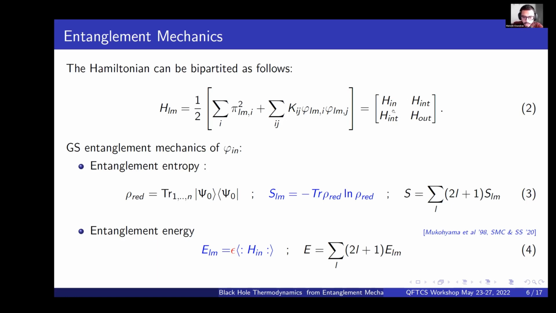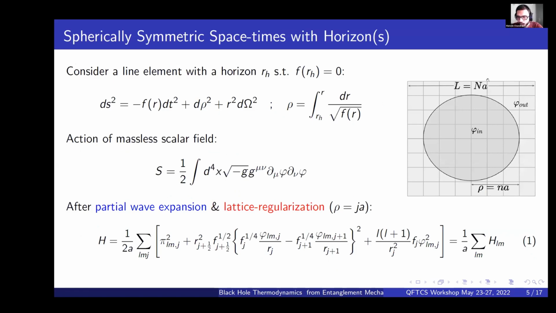So you can also similarly look at the total entanglement energy of the system by summing over l and m modes as you saw previously. So what do these quantities essentially mean? These are quantities that are defined with respect to an artificial boundary that you bring into the system.